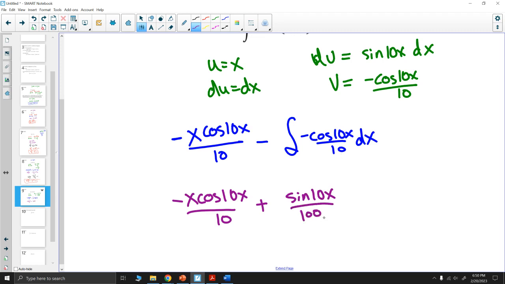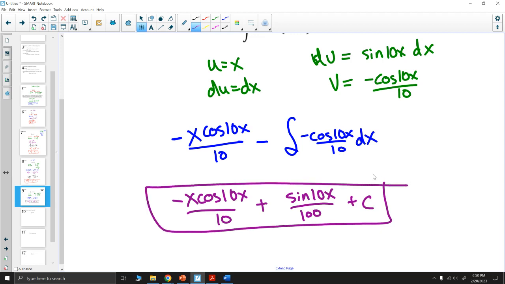So that's over 100. And again, it's 1/10 pulled out, so it's a positive 1/10 integral of cosine 10x. So that is sine of 10x over 10 times 1/10. That's where we get the 100.